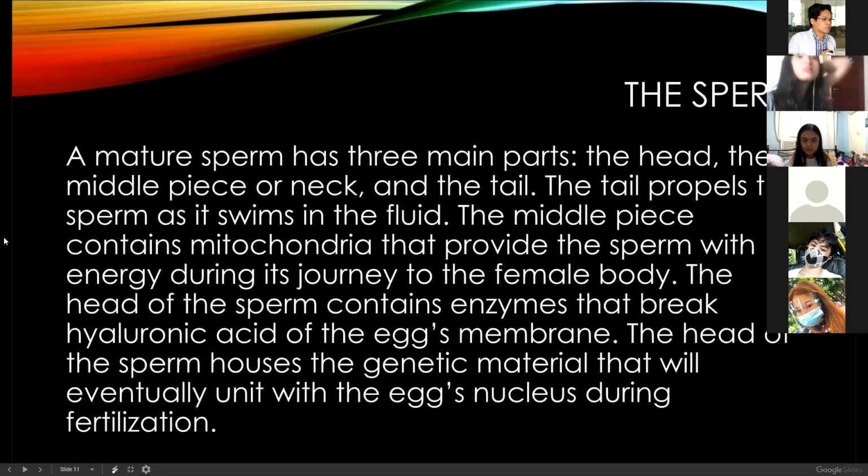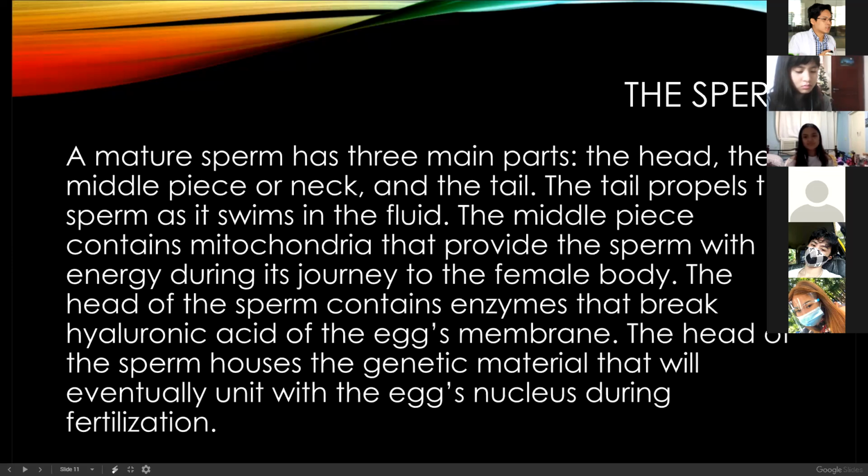Let's move now to sperm. Sperm is not just a simple gamete. Sperm contains the male characteristics or the male genes. A mature sperm has three main parts: the head, the middle piece or neck, and the tail. The tail propels the sperm as it swims in the fluid.